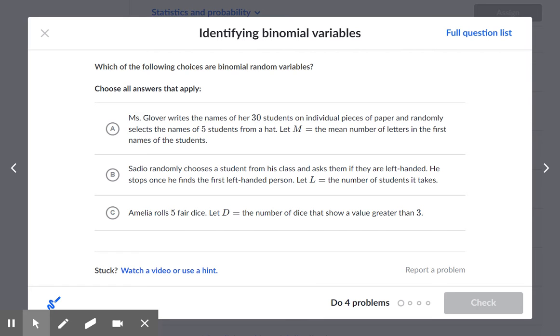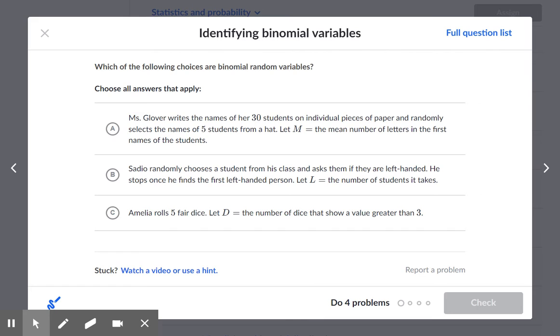The trials are independent. Now, N refers to the number of trials, right? In the previous example, I said flip the coin 5 times, so the number of trials is fixed. It's five. All right, S refers to the probability of success.